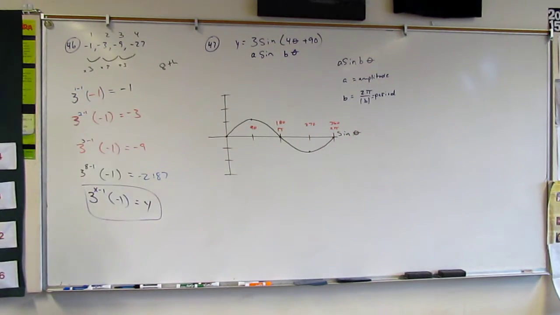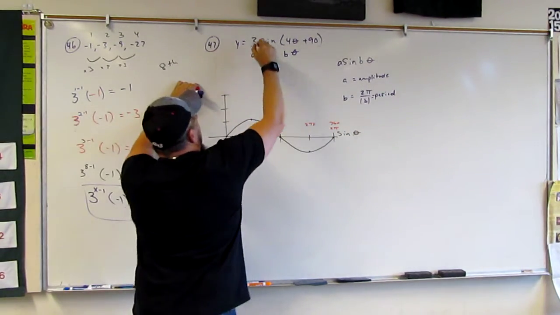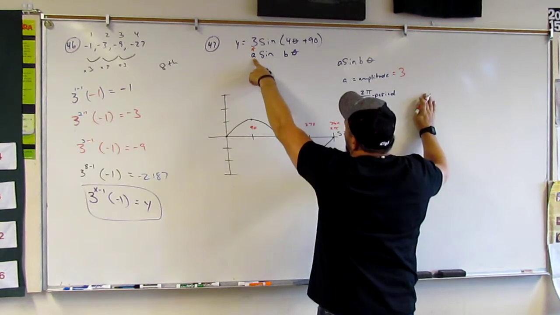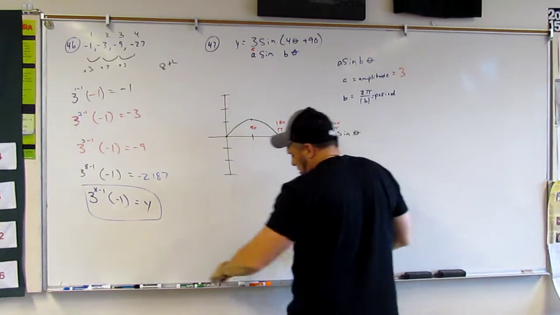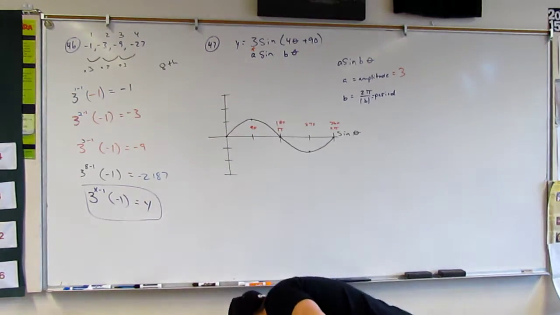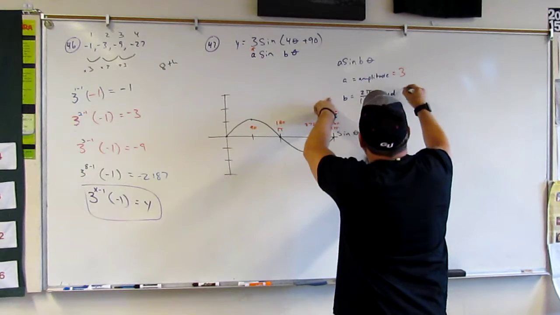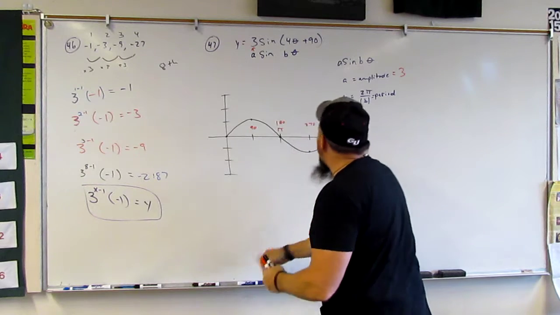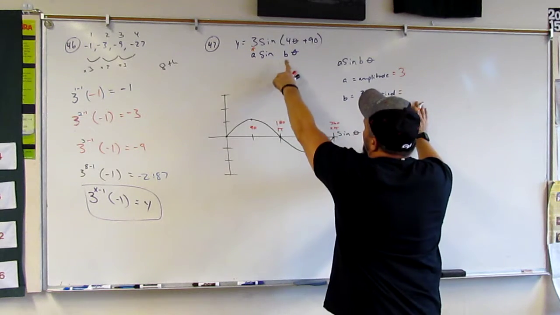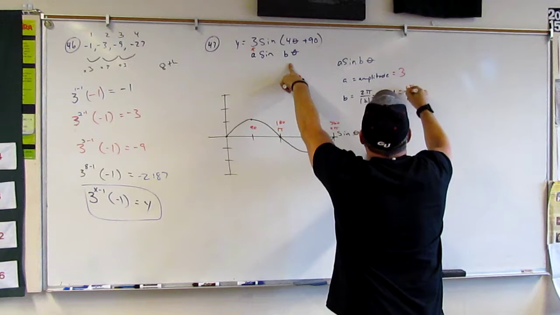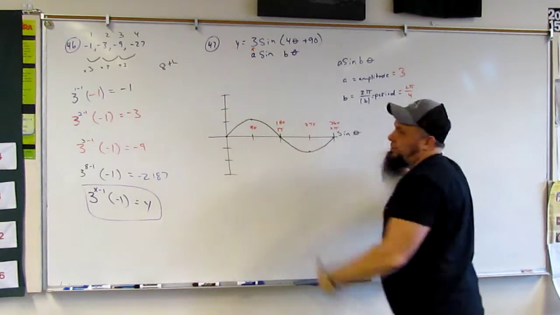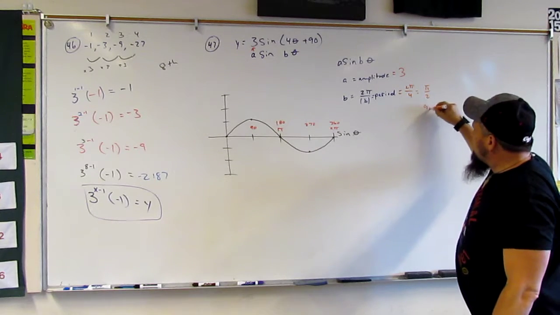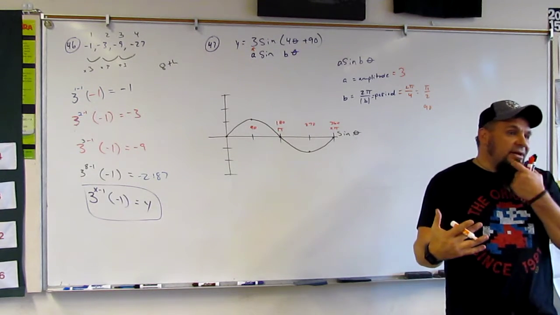So now we're talking about our amplitude, right, is going to be 3, and our period is going to be 2 pi over 4, which is pi over 2, which is 90 degrees, right?